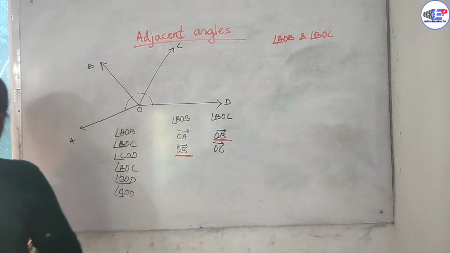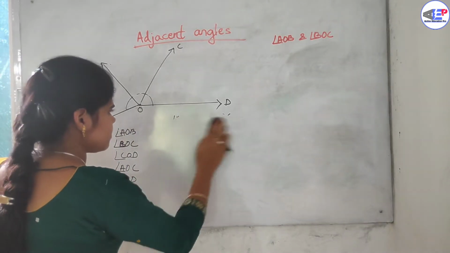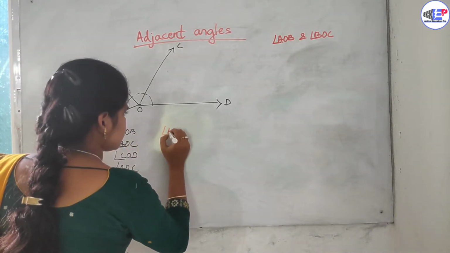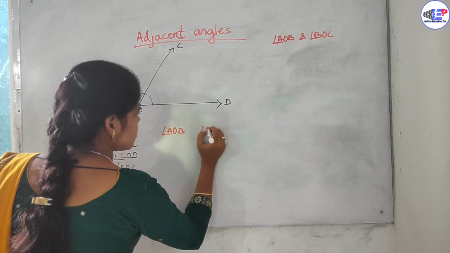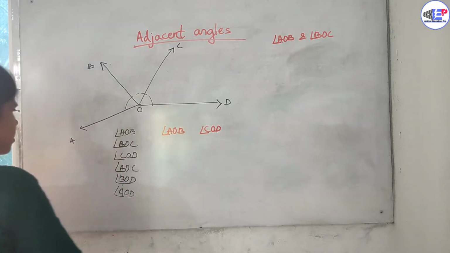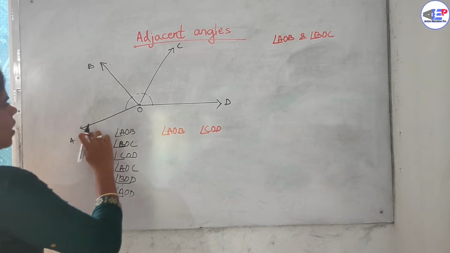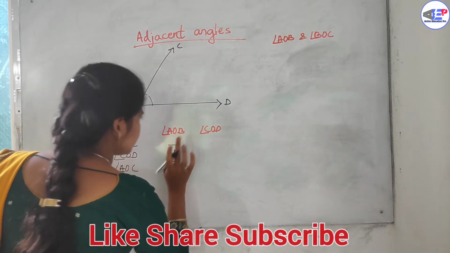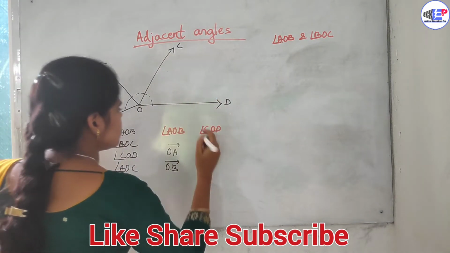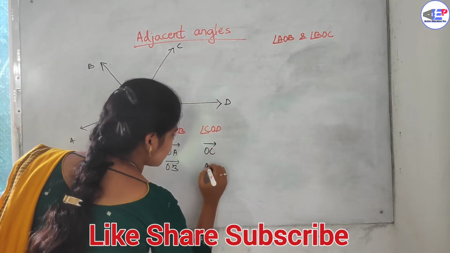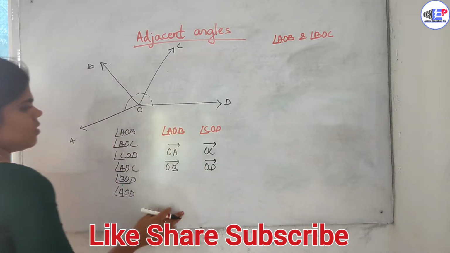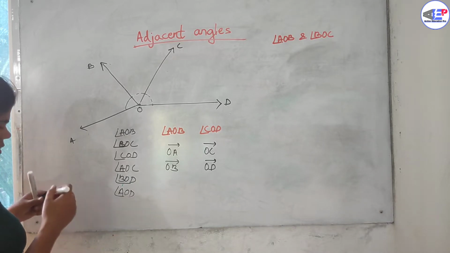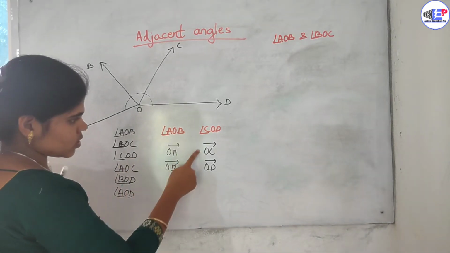Then the next pair, AOB with COD. To make AOB we need rays OA and OB, and for COD we need rays OC and OD. The common vertex is O, then we find the common arms: OA, OB, OC, OD.